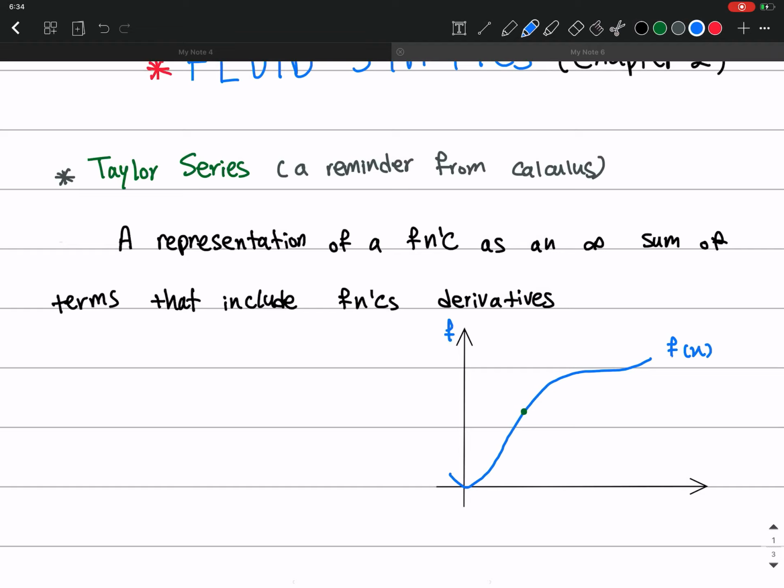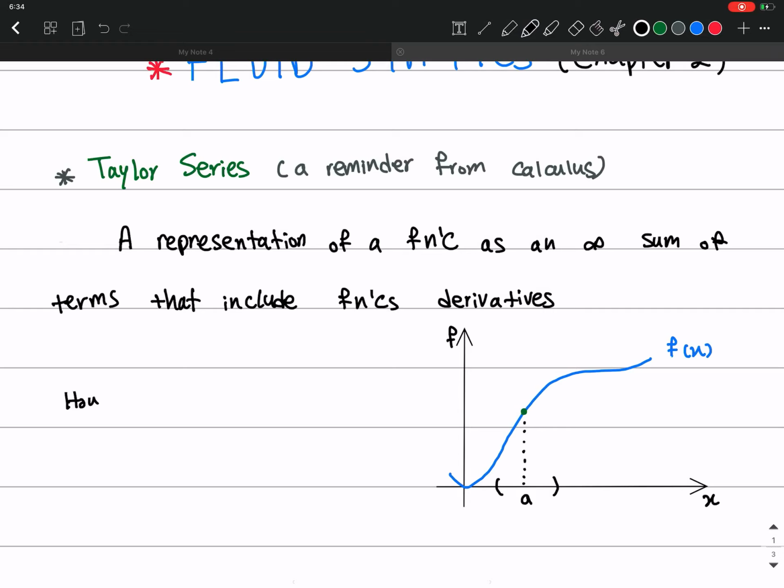So this is f and this is x. Here I have this point, say a. And the question is, how can I approximate f around x equals a?